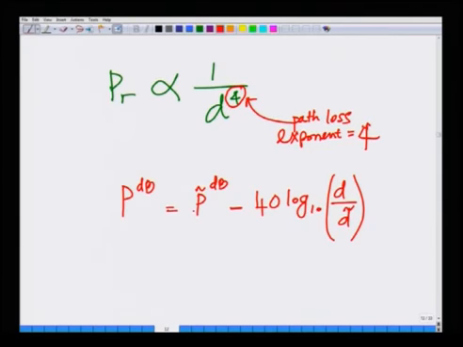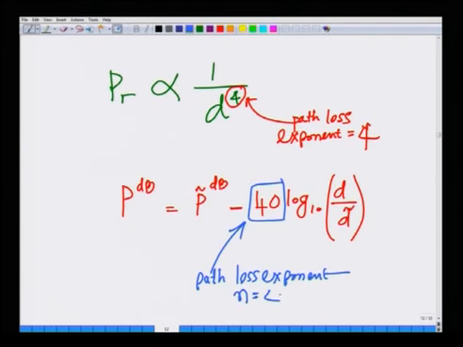P tilde is some reference power at distance d naught. This is the major aspect, which arises because the path loss exponent n equals 4, and this is essentially 10 times n. Okay, so that is what we are saying.